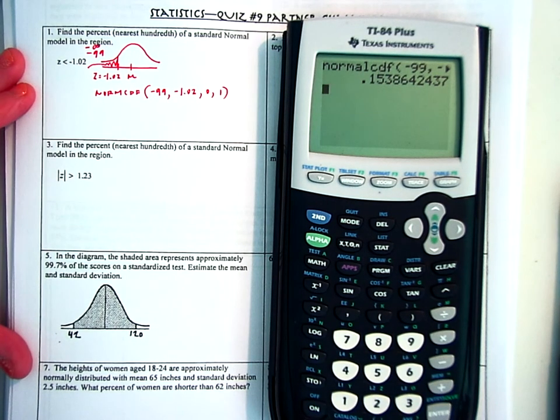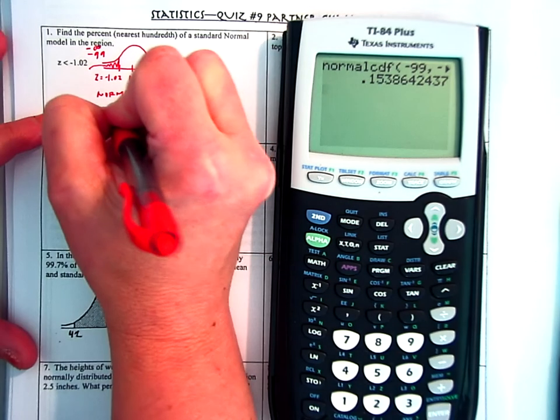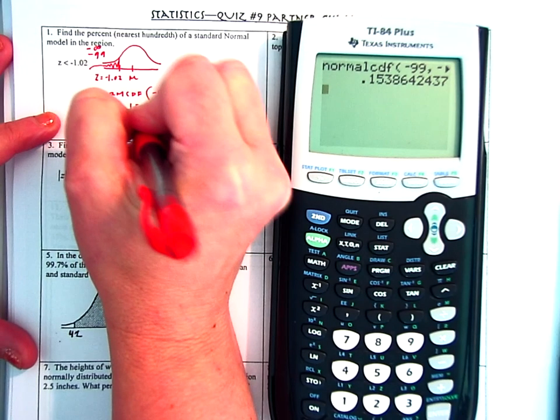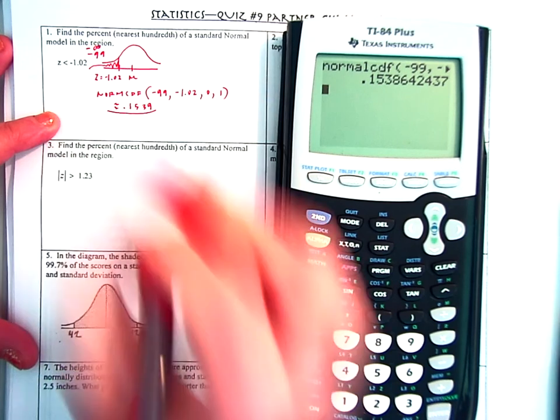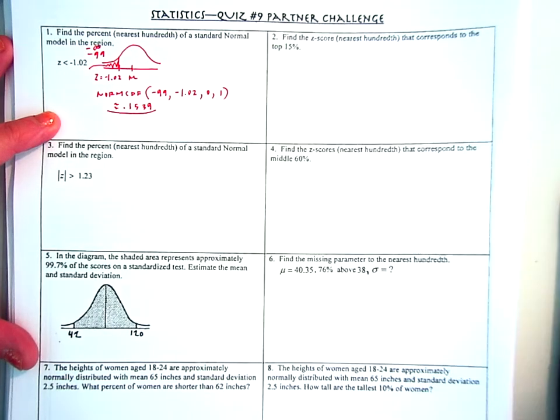So that's going to get me a decimal of about 0.1539. As a percent, I would write that as 15.39%.